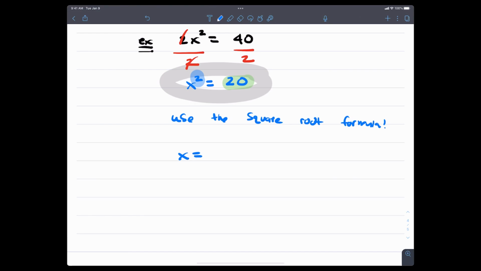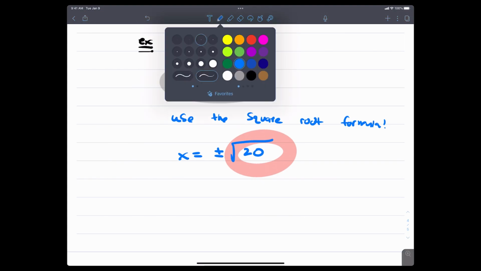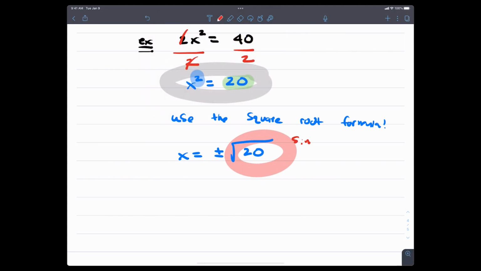So x will be plus or minus square root of 20. Okay, so notice now, again, we have to simplify the radical. And then again, remember your plus or minus.